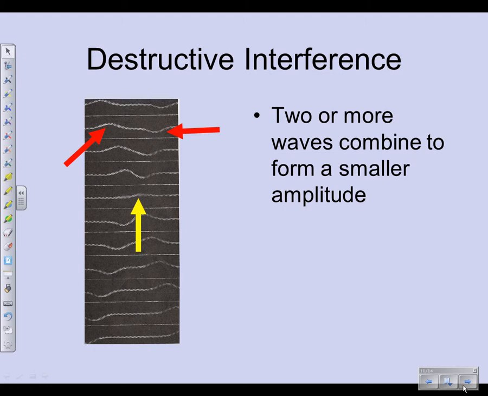Like this picture down here, you can see those two waves. After they've interfered with one another, they look pretty much exactly the same as they did before they interfered with one another.